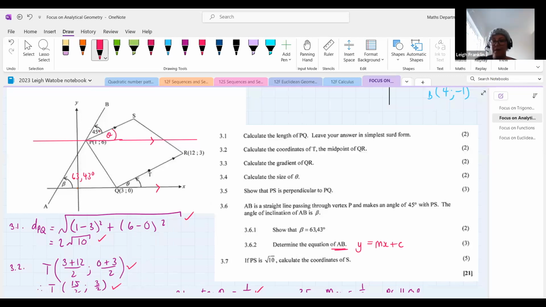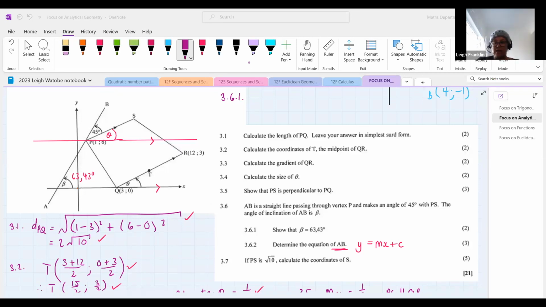So does anybody have any ideas about how we could get the gradient? How are we going to get, yes, Teddy, what would you do? It's in the p-values, ma'am. The p-values. Okay, you will have to do that, but you need your gradient first because we don't have the y-intercept. So how are we going to get the gradient?